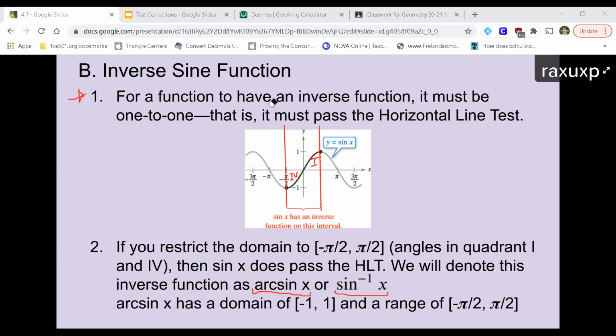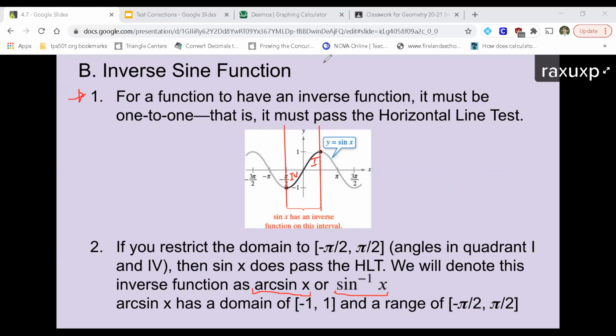All right. So the other thing you have to remember for inverse functions is whenever you do the inverse of a function, if it passes the horizontal line test, it exists. And what it does is it switches your inputs and outputs.